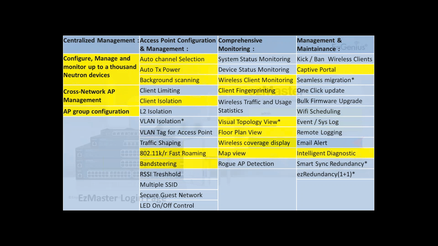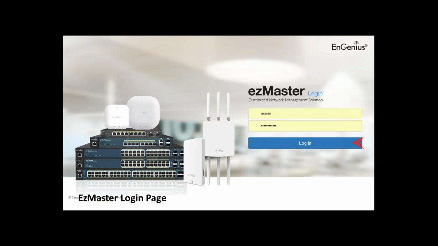Actually, the ezMaster is software that runs on the VM player, and there are some steps to set up and install the ezMaster. You just do it once, let it run on your system, and then the interface that I'm now going to show you is the interface where you actually do the real work.